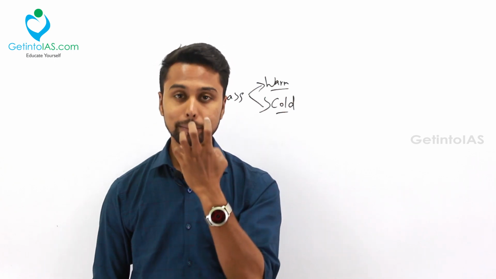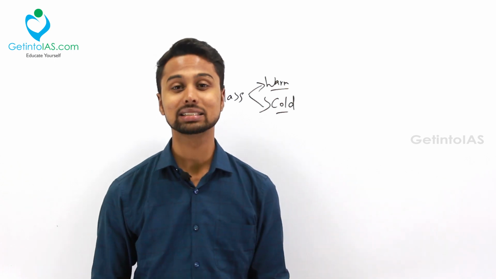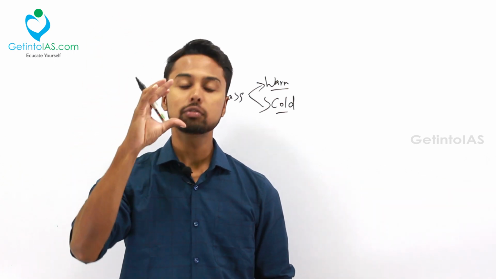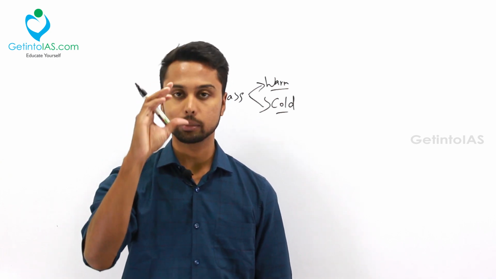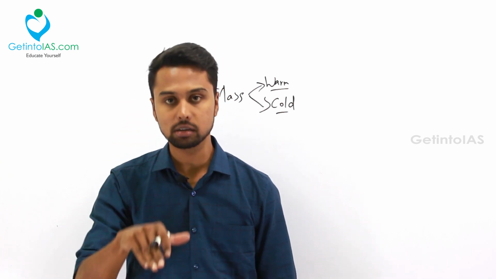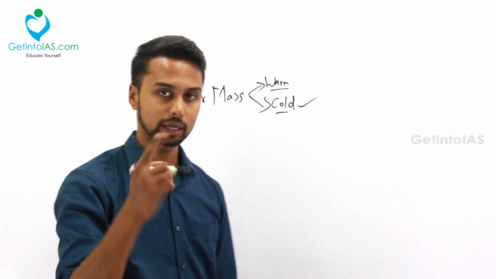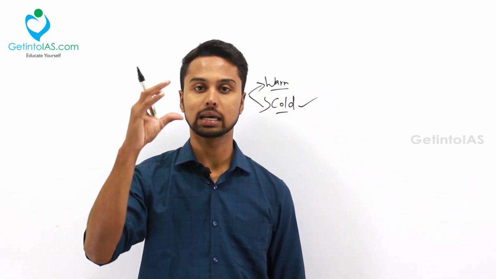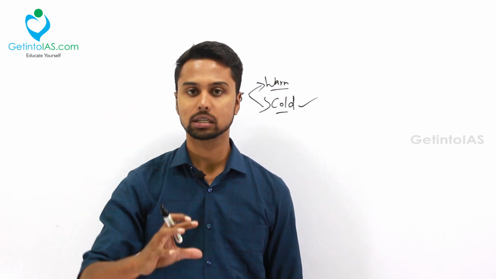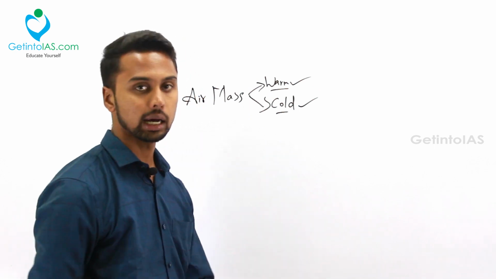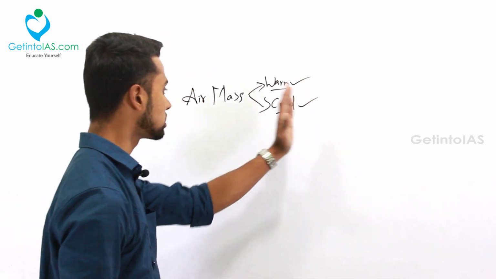If a volume of air is there and beneath that a surface is there, and that volume of air has a temperature much lower than the surface temperature, then that is known as a cold air mass. On the other hand, if that volume of air has a higher temperature than its surface temperature, then it is known as the warm air mass. So that is the definition of warm air mass and cold air mass.